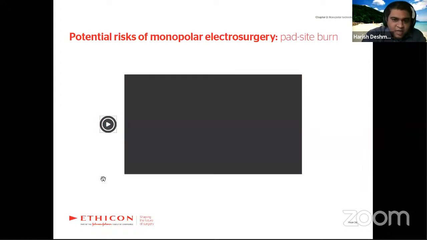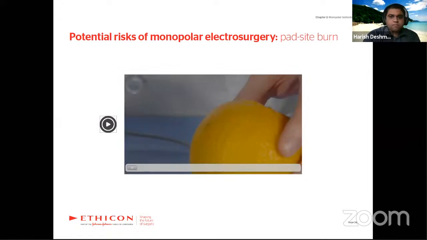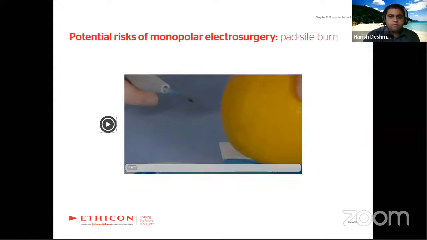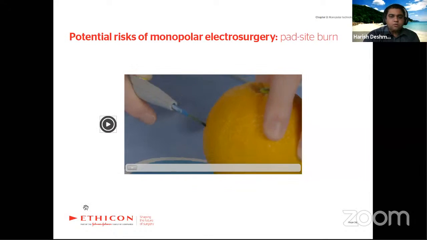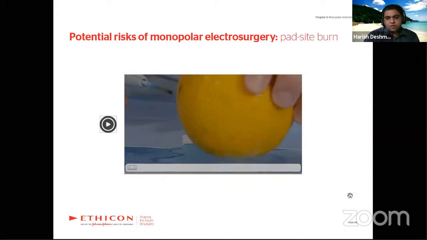This is one live example of how a pad site burn happens. This is how a cautery pad burn looks.